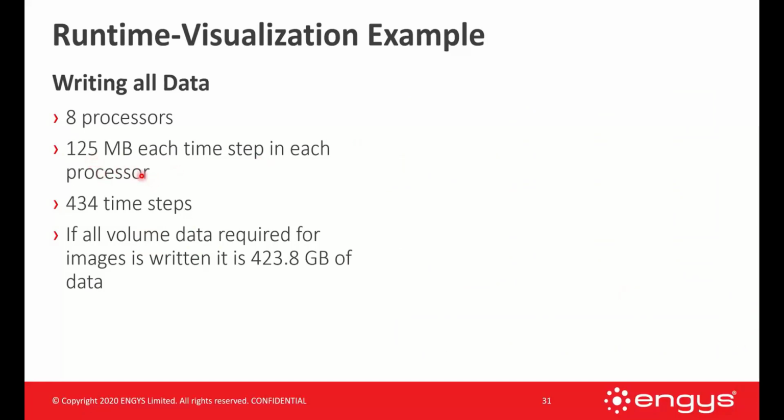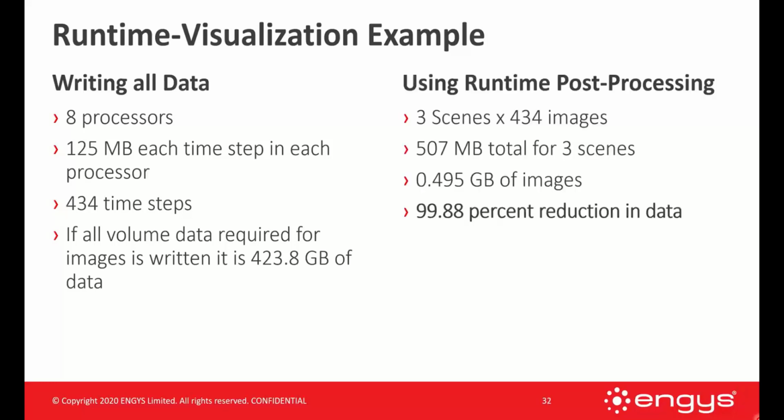If we were to actually write all of this data, on 8 processors, it was 125 megabytes each time step on each processor. And there were 434 time steps. If all the volume data required to create these images in something like the View tab or in ParaView, it would be about 423 gigabytes of data.